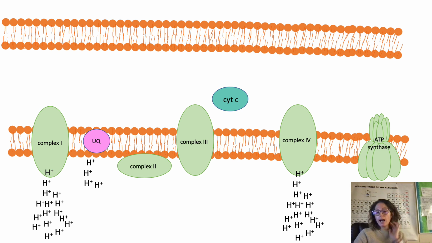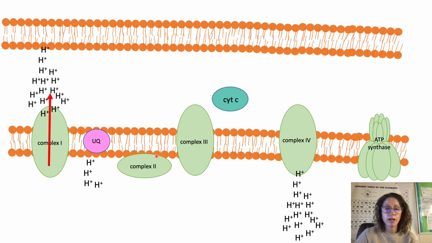Okay, now as the electrons are moving through this transport chain, energy is being released as the electrons are being moved to different complexes. And that energy is being used to pump hydrogen out of the matrix and into the intermembrane space.